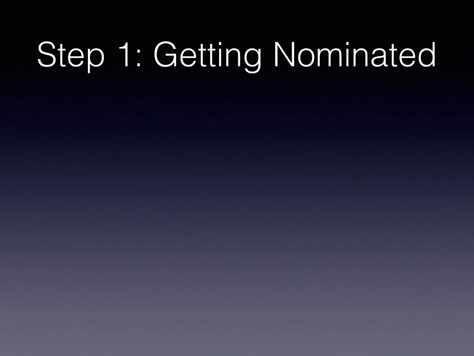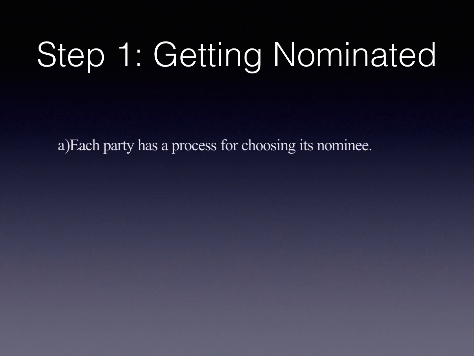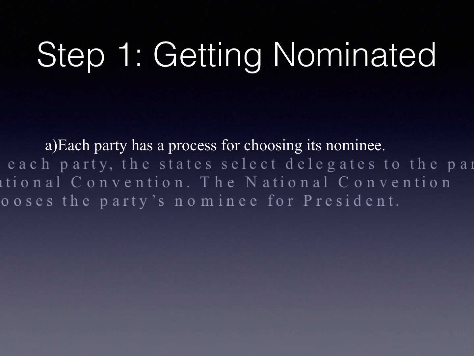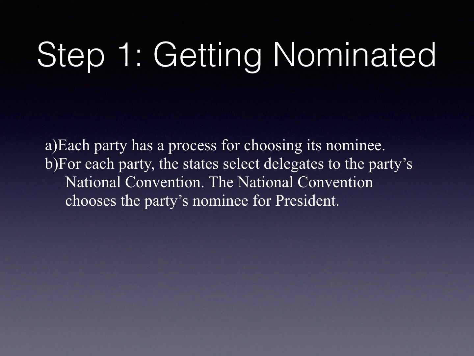So the first thing to understand about running for president is that you have to actually get nominated to run for president. Each party, the Republicans, the Democrats, the third parties, has a process for picking its nominee. For each party, every state is going to select delegates to go to the party's national convention.